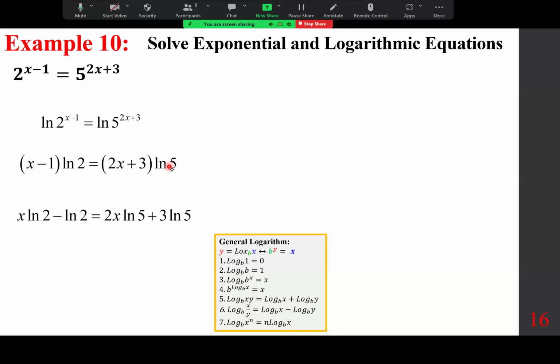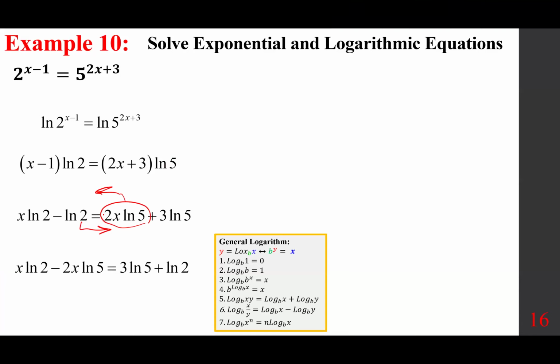So since we are solving for x, we are going to bring all x's together, all numbers together, which means this one must move this way. This one must move this way. They change sign. So we end up with x ln2 minus 2x ln5 equals 3 ln5 plus ln2. Of course, you can move them around anyhow you want.